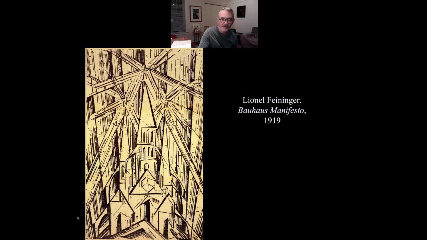They were weirdos. They were socialists. They were international. There were Jewish faculty. All kinds of problems. But this woodcut sort of shows this. I think this would be a good example of cubism.